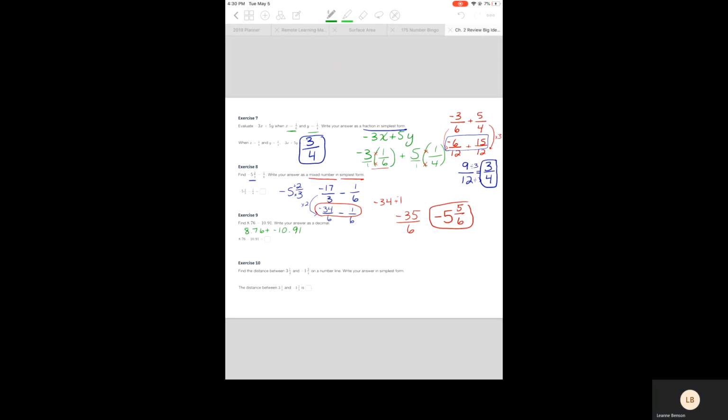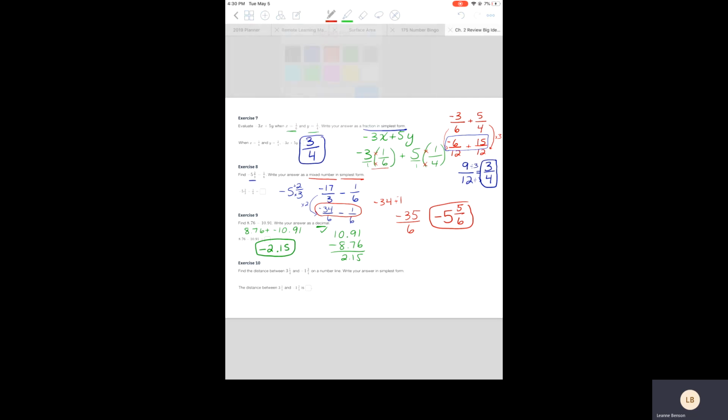So I know my answer is going to be negative, and then I'm going to do 10.91 minus 8.76. I'm just going to plug that into my calculator. 10.91 minus 8.76 gives me 2.15, but I know that the negative is bigger, so my answer is going to be negative 2.15. And it wants it as a decimal, so we're good.